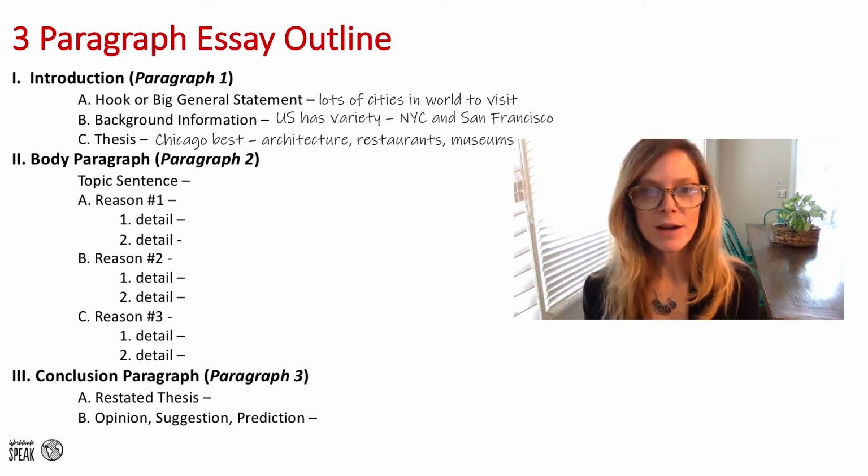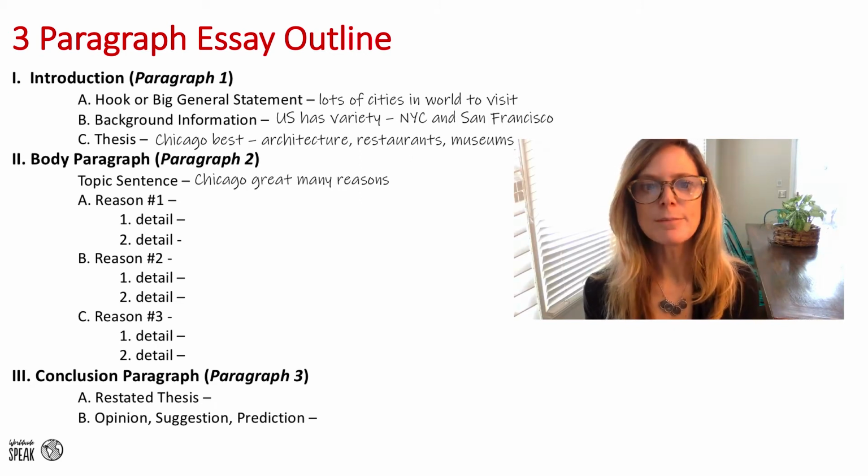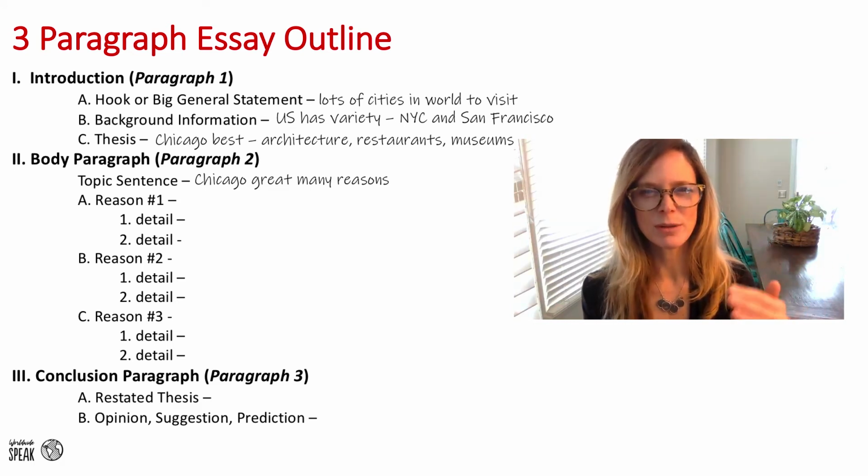So I now can move on to my body paragraph. And for the topic sentence, I need to tell the reader the purpose of this body paragraph, and that's that Chicago is great for many reasons, right? I had said 3 in my thesis, so I probably want to be general in my topic sentence so I don't sound very repetitive.